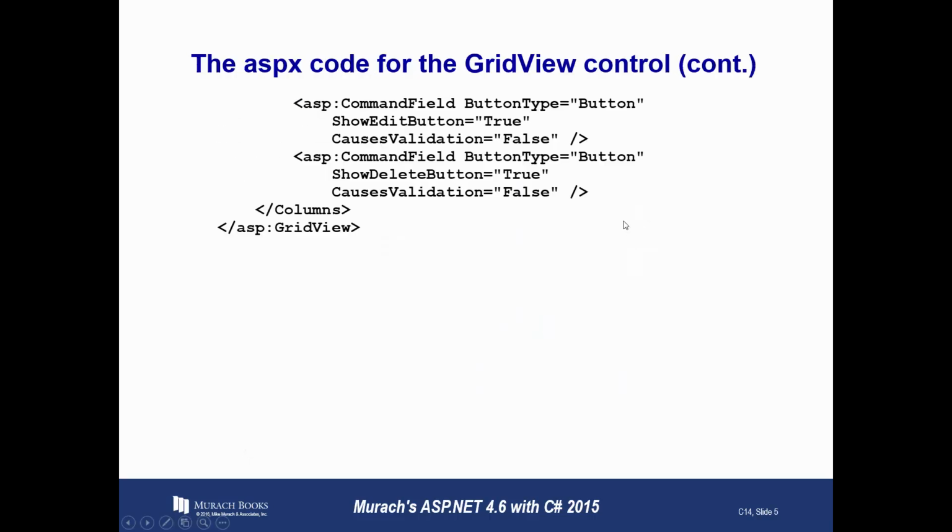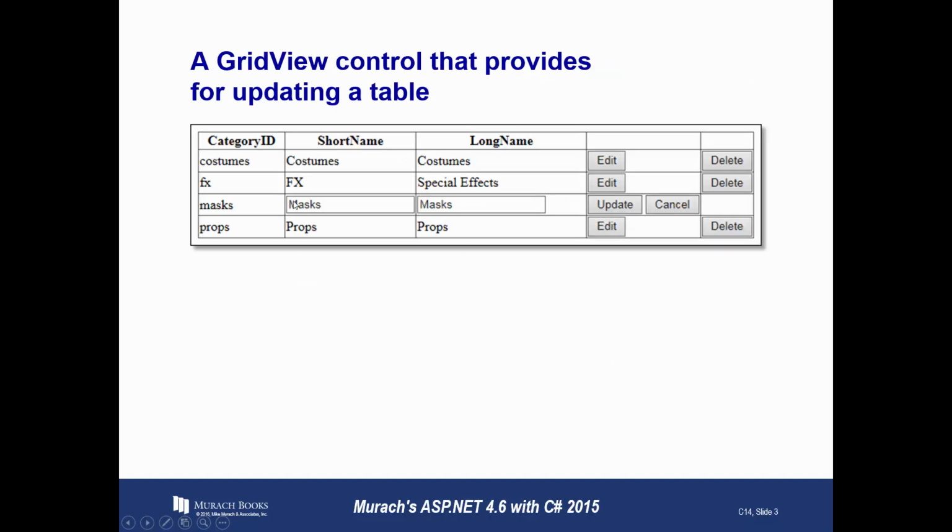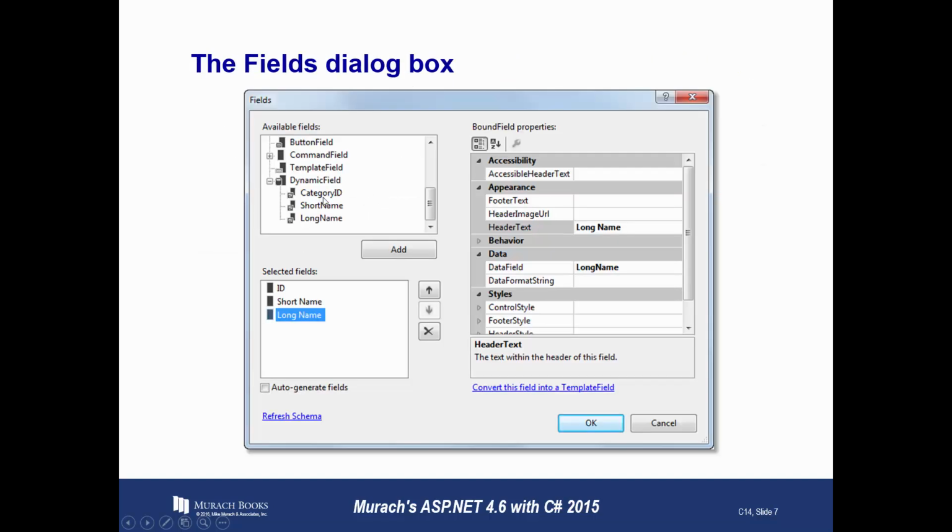Because the categories table had three fields, a category ID, a short name, and a long name, those are what were shown. If we didn't want to show the category ID field for whatever reason, we could have come in here and, with ID highlighted, clicked the X. That would have removed it.